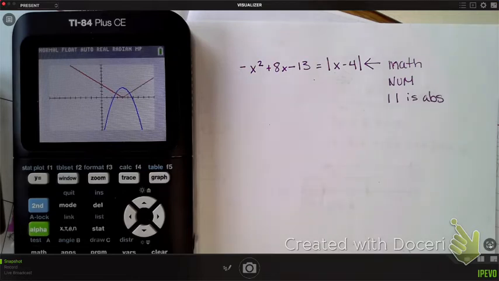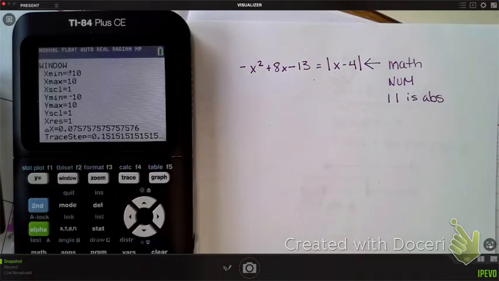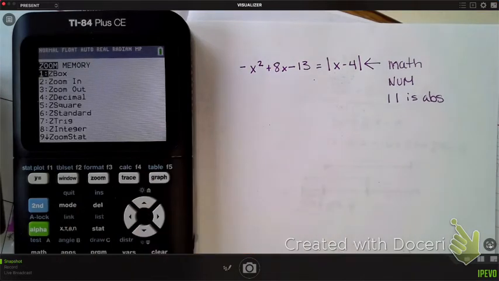Yes. Graph. Clear. Okay, if for some reason I did not see it, if I needed to go left or right, remember I can mess with my window and choose left or right, or I could zoom in or out or whatever you want to do.